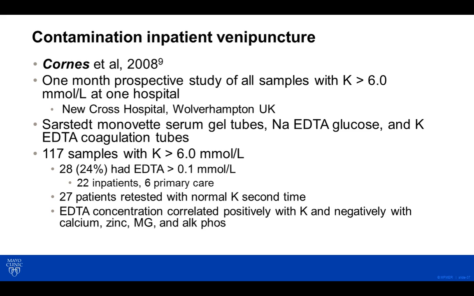And what they found among 117 samples that had potassium over 6, about 25% of them had some detectable EDTA. And since we never give EDTA in a medication or anything, the assumption was it got there because there was carryover from an EDTA tube into a serum or plasma tube.